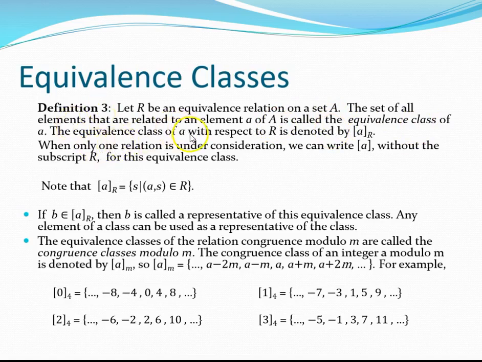The equivalence class of a with respect to the relation R is denoted [a] with index R. When only one relation is under consideration, we can write only [a] to denote this equivalence class.